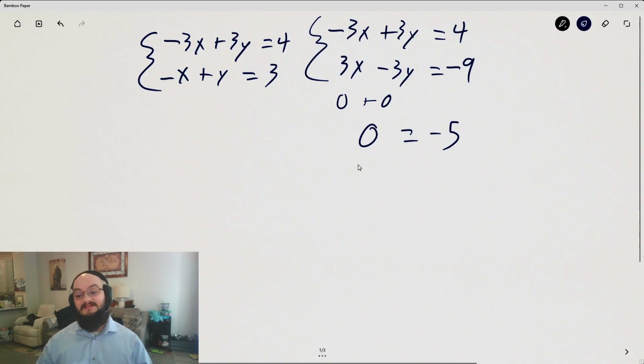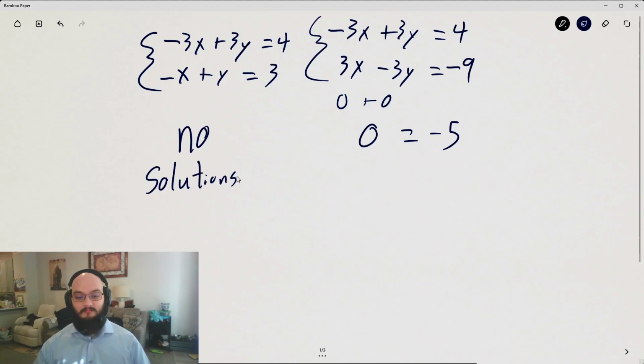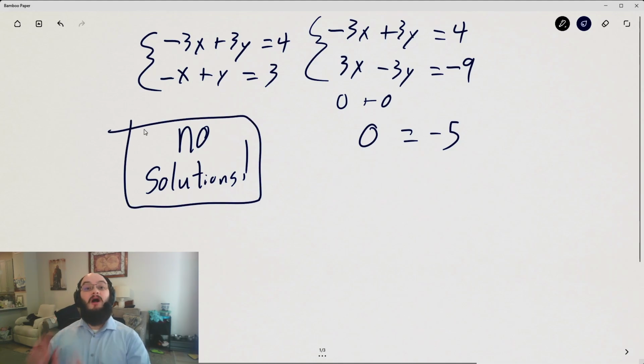So this system has no solutions. Whenever you are left with two constants that are not the same, and they're set equal to each other, so that it's a false statement because 0 is not equal to negative 5, there are no solutions for your system.